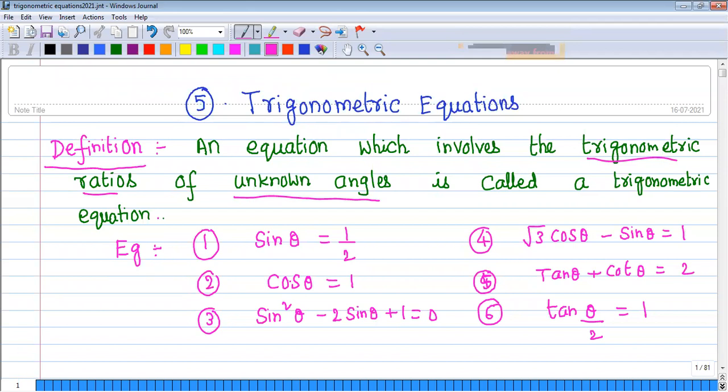Even 150 degrees also will satisfy. That means more than values it has. But of all the values, here 30 degrees will be the least value. But a trigonometric equation may have many solutions, not only one solution. That's why, so let us talk about the solutions of the trigonometric equations now.